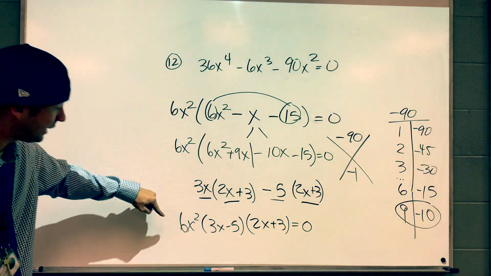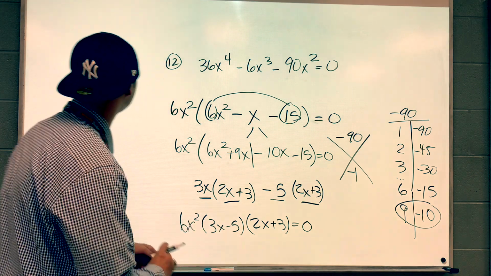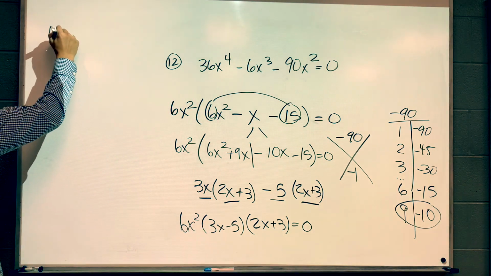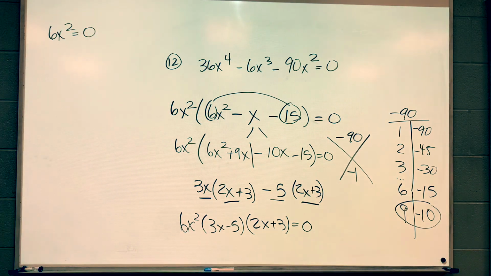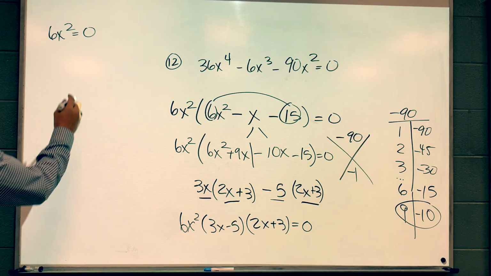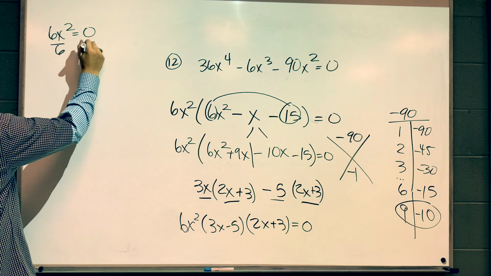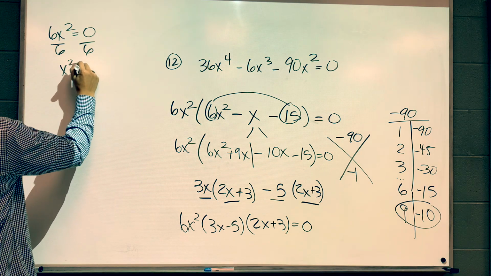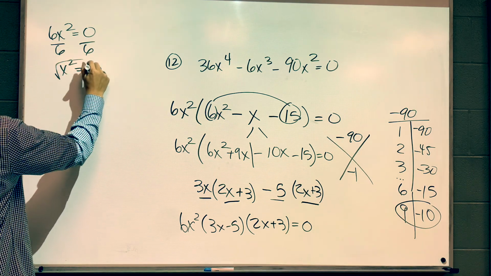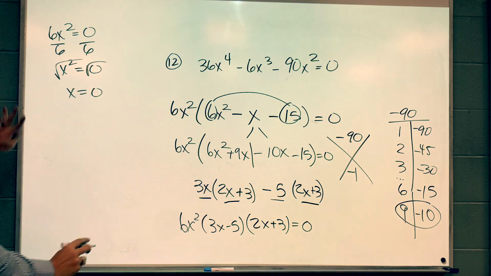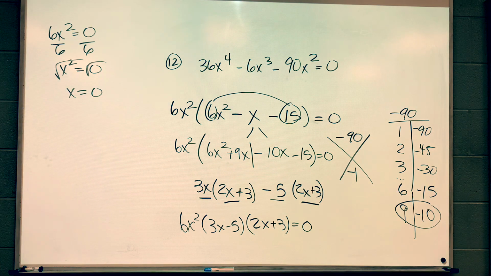I have to set each piece equal to 0. So 6x squared is equal to 0. X has to be 0. There's no other way around it, right? Just in case you didn't believe me, x is equal to 0. 3x minus 5.